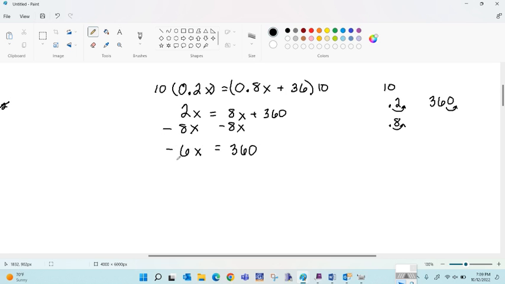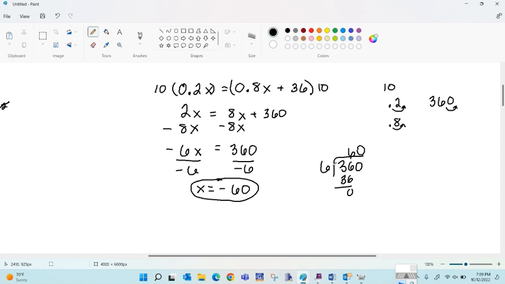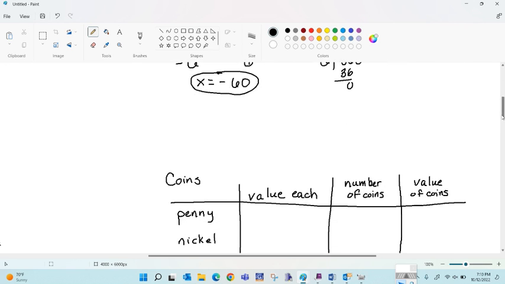And then hopefully you're all thinking of divide by 6. Divide by negative 6, that is. Positive divided by negative is negative. And 360 divided by 6 gives you 6. But you have that extra 0, so don't lose it, negative 60. So we eliminate decimals in a way that's just about as easy as eliminating fractions.